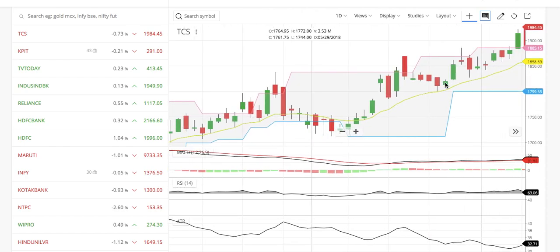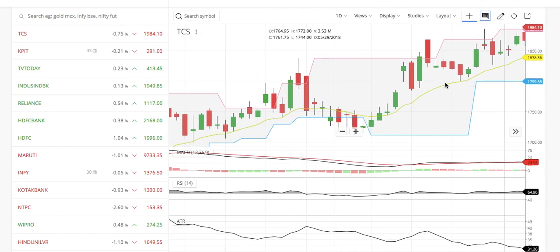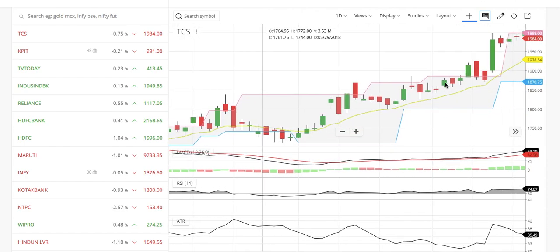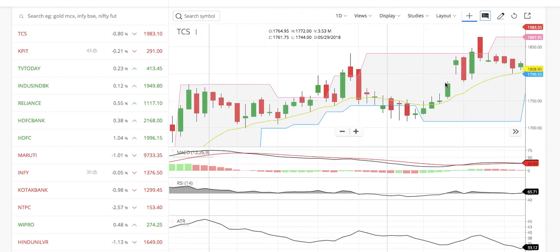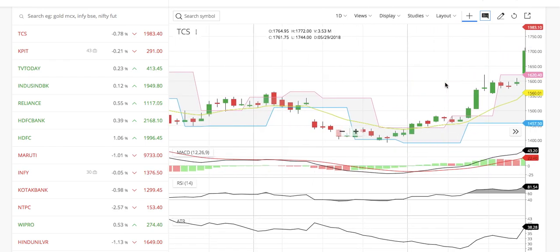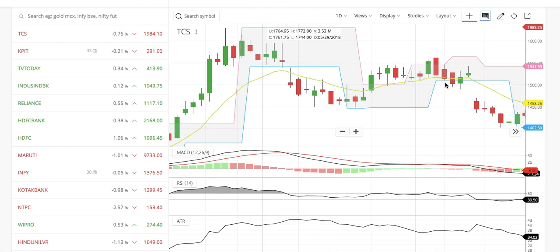So likewise the trades continue, and you continue to take buy and sell based on where your entries and exits are. There is also a strategy within this strategy, which I will discuss next time.